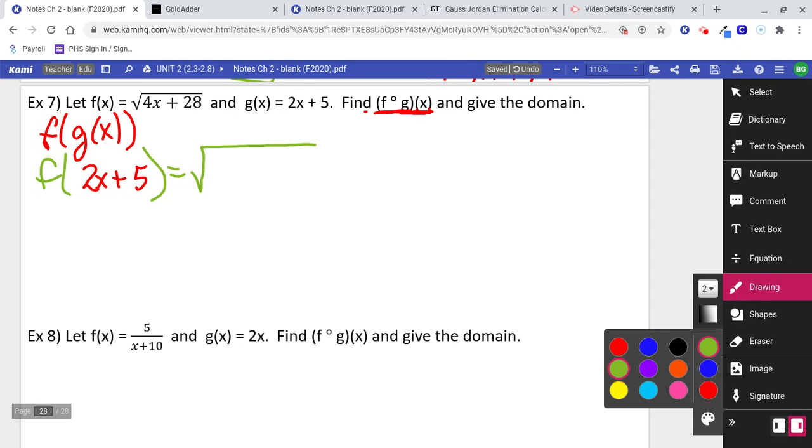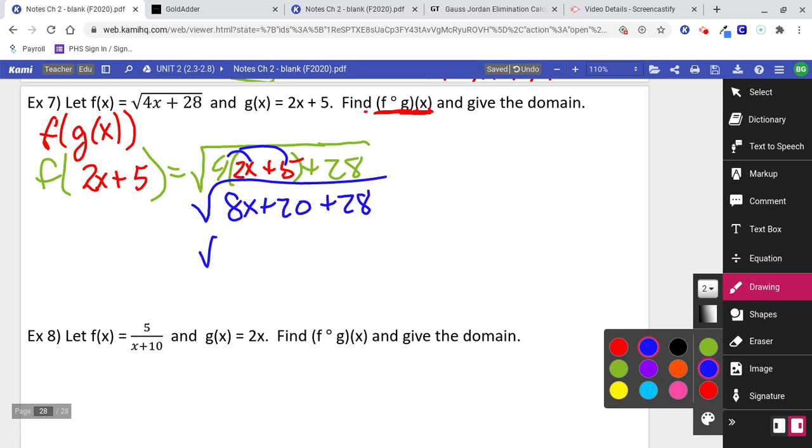That's the square root of 4 times something plus 28. And we're plugging in 2x plus 5. So we can distribute right there and get 8x plus 20 plus the 28 is going to give me the square root of 8x plus 48.